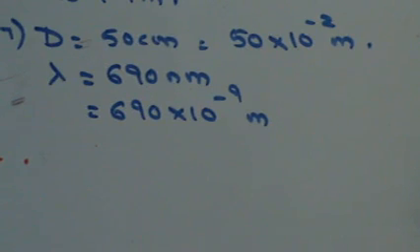If the distance between the first and the third minima is 3 millimeters, find the width of the slit.